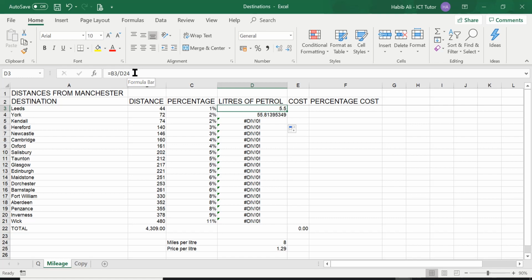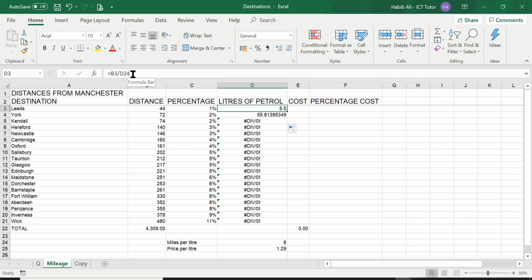Now, the opposite of relative reference is absolute reference. So B3, which we want to change, is what we call a relative reference, and the opposite is absolute. So D24, we need to make this an absolute reference.